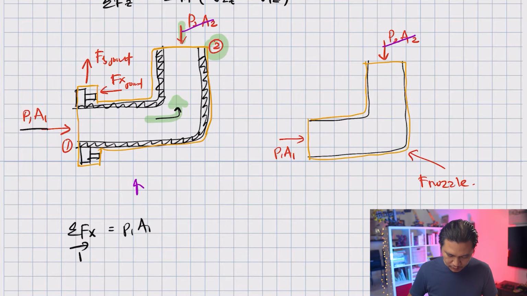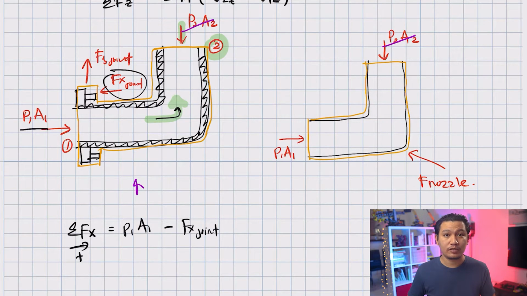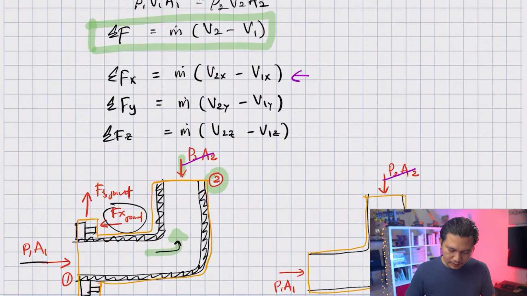Let's do positive to the right, so P1A1 is positive. And what else do I have? I have minus this force, Fx joint. It seems like these are all the forces involved, and this is equal to m dot (v2x minus v1x).